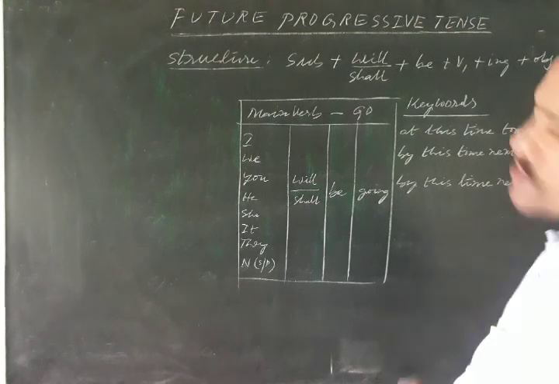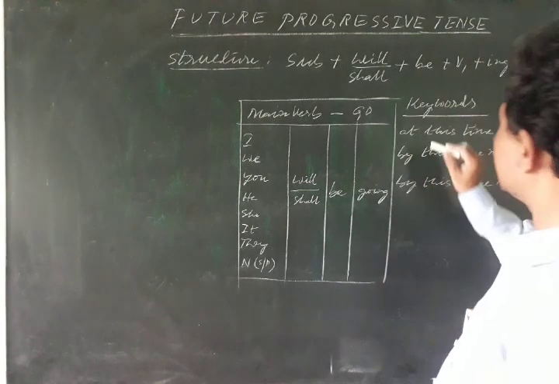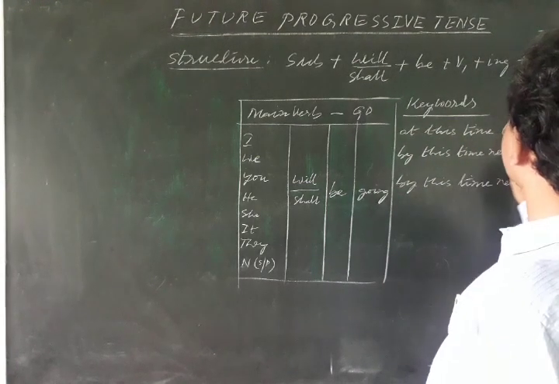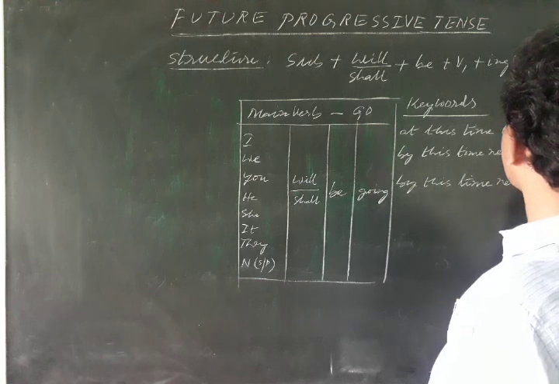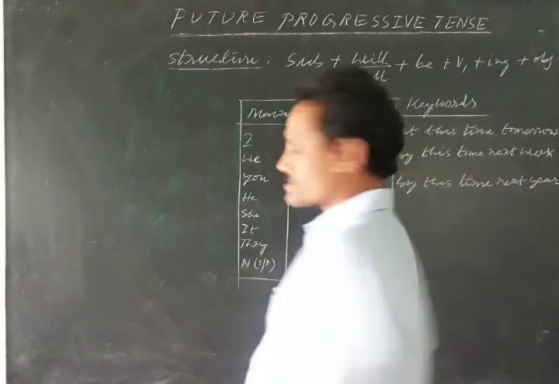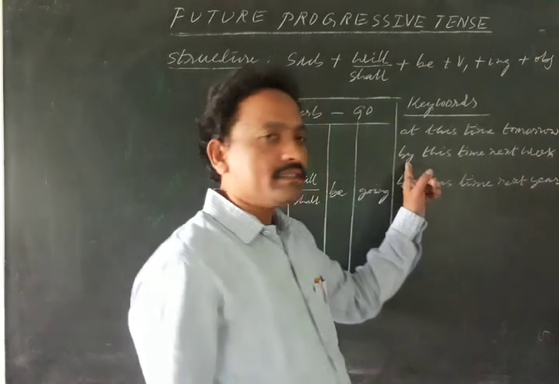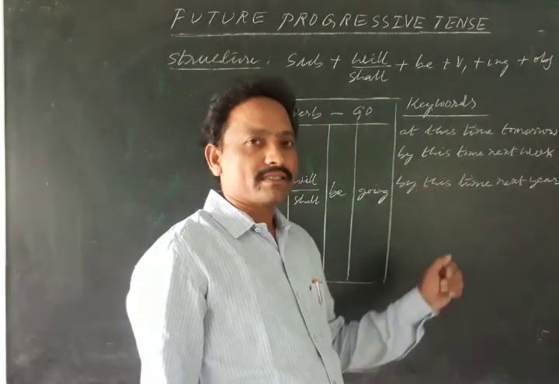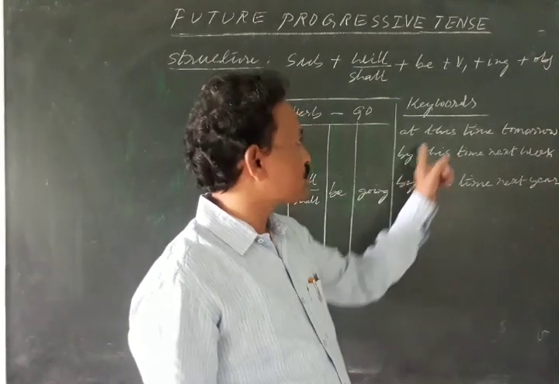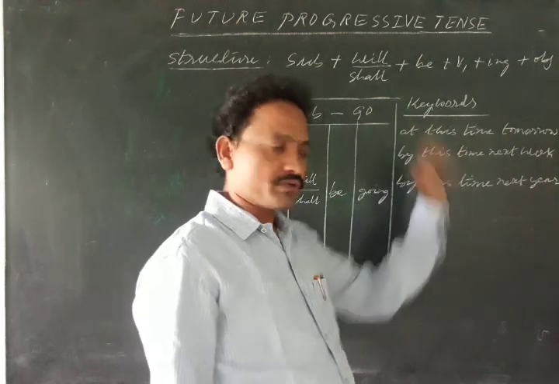Most probably in this tense, at this time tomorrow, at this time next week, at this time next year, this kind of words are used. Actually, by is used in perfect, but sometimes by is also used in future progressive.